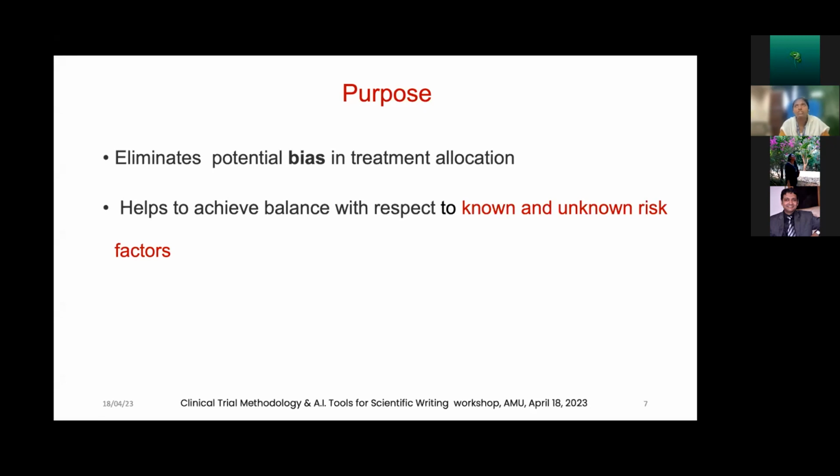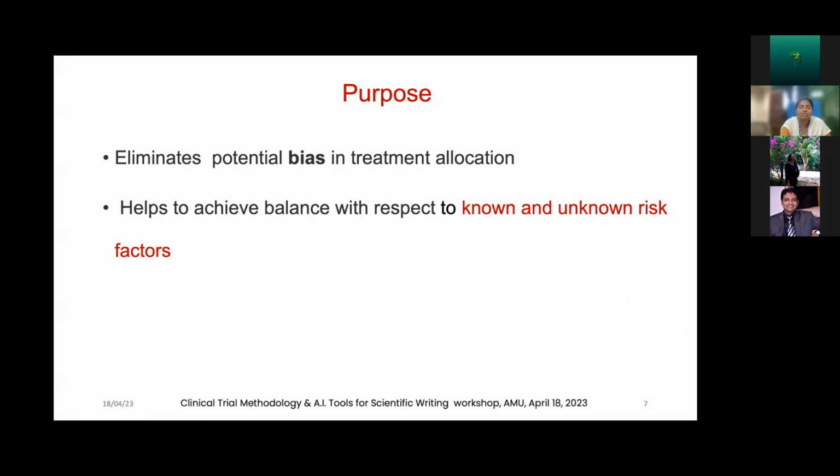So you want to achieve balance. The proportion aged above 65 should be balanced between both the groups. Randomization will help you achieve the balance between known risk factors as well as those which you do not know, such as their diet pattern. A lot of omic studies, microbiome, genomics, everything cannot be accounted for in a trial.